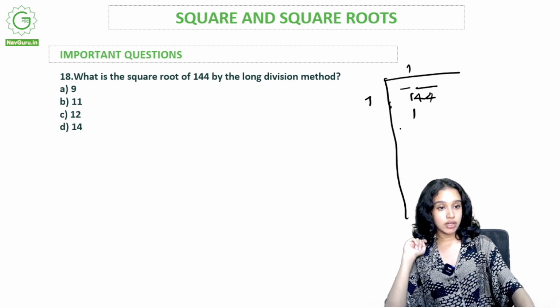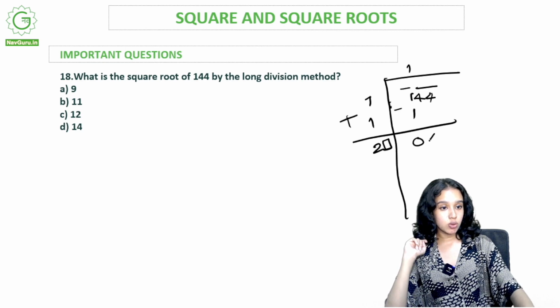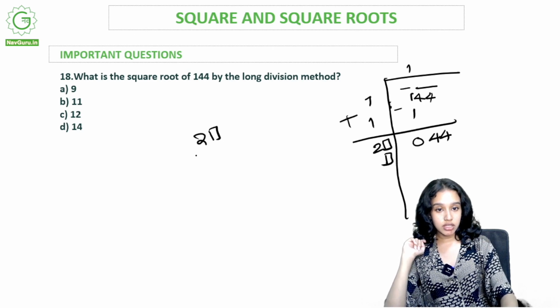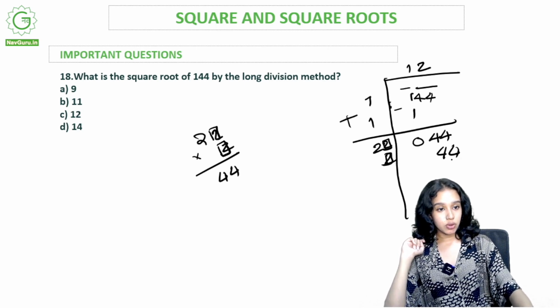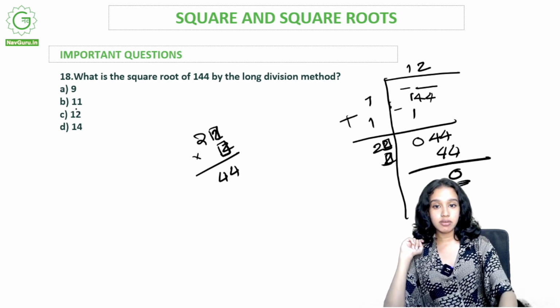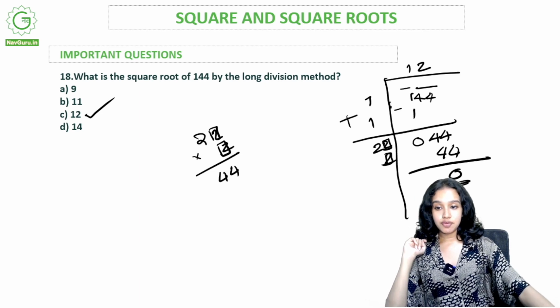So, we subtract 1 from here and we add 1 from here, adding and subtracting. So, it becomes 2 and something. 1 minus 1 is 0. We bring 44 down here. Now, we know that 2 into some number multiplied by the same number gives us 44, and it's of course 2. So, we'll put here 2, here also 2, 44. So, by long division method, we got 12 as the answer.